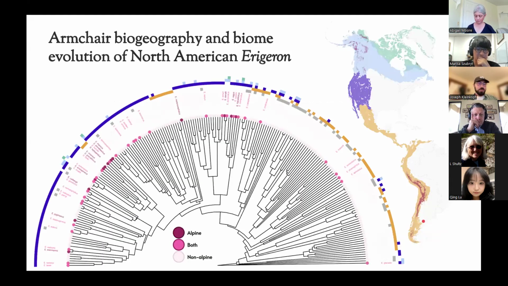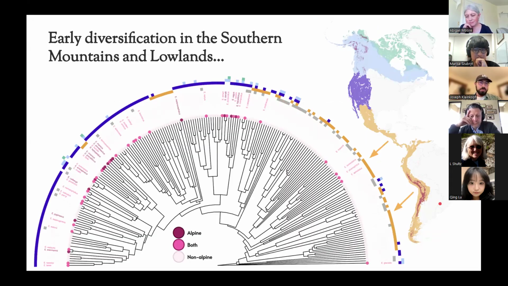So this analysis is still running, the ancestral character state stuff, but I thought I'd plot all of our data on the tips, and then we can just look at patterns that we're seeing pop up. So Erigeron, it looks like, early on diversified in the southern mountains and lowlands, and primarily these taxa are found in the highlands of Mexico and central North America, kind of where Texas is.